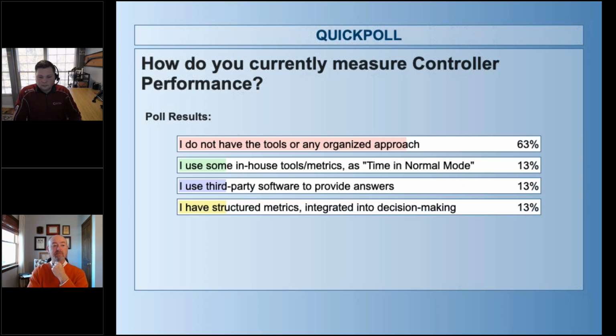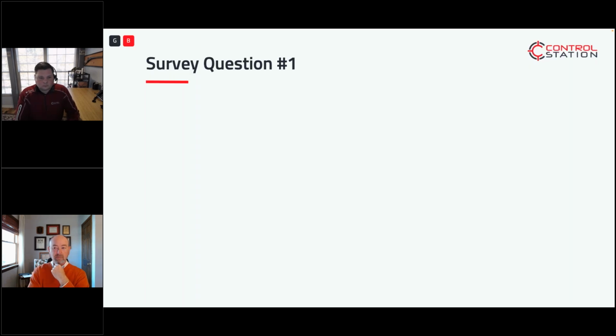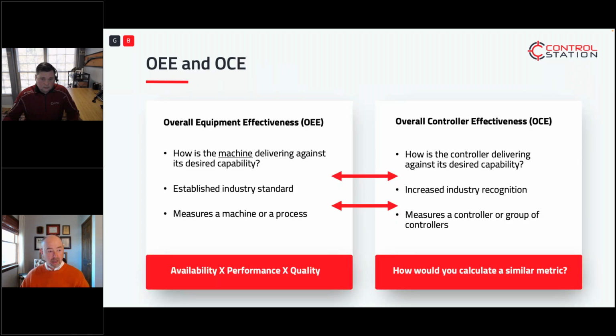Excellent. So, good. Well, let's go on here. Okay. So we're going to start talking about OCE, or overall controller effectiveness, in the context of a much older metric that's been around, really invented in the 60s and then rolled out in a big way as part of TPM, or total productive maintenance, in the 80s.